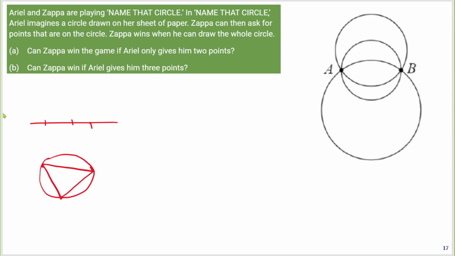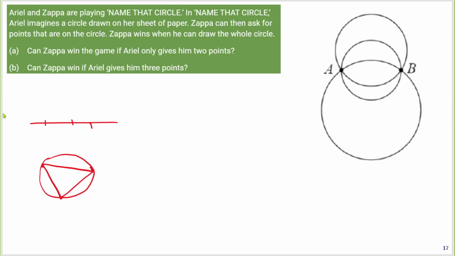Notice that the 3 points must be non-collinear, which means they cannot be on the same line. The center of any circle that passes through all 3 points must be on all 3 perpendicular bisectors of the sides of the triangle with these points as vertices.